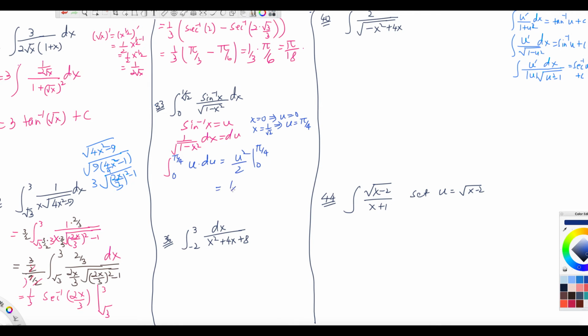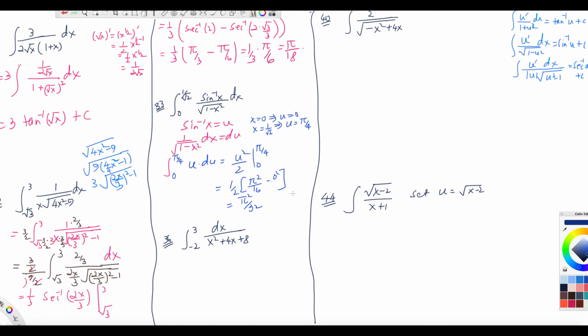So that is 1/2 u squared, which is pi squared over 16 minus 0 squared over 2, right? pi over 4 squared, right? You just replace u by pi over 4, and 0 squared is just 0, because I pulled that 1/2 outside. You see that? So how does that look? This looks like pi squared over 32.